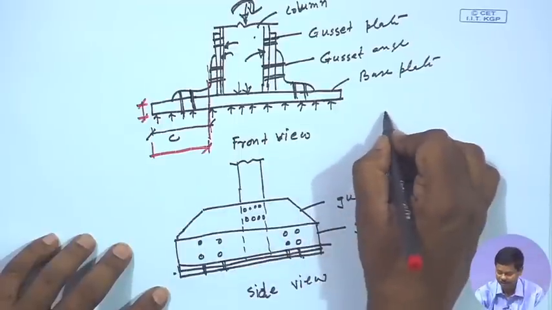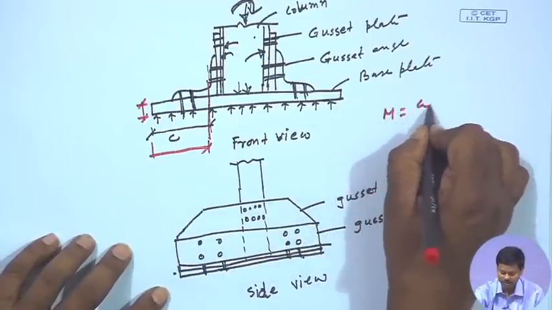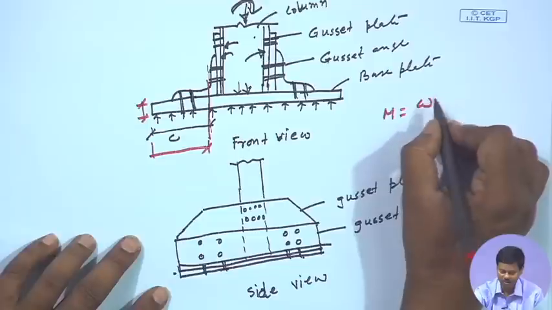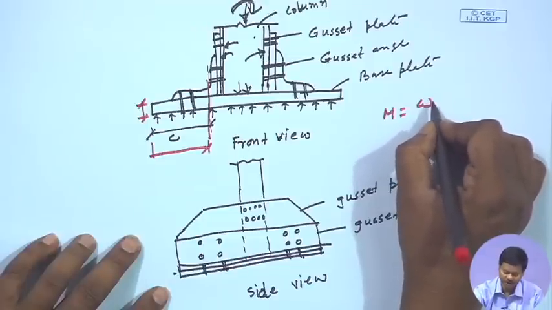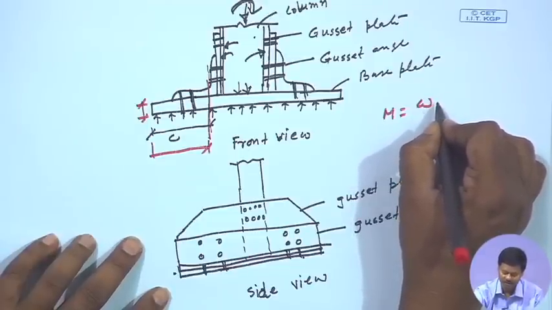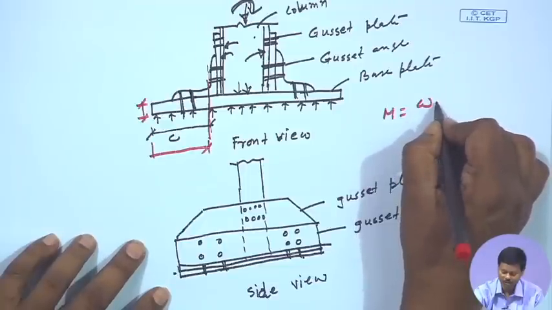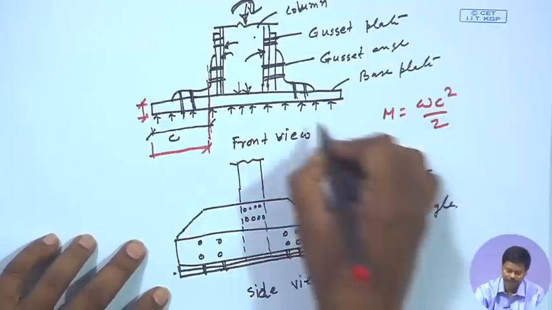So, the maximum moment will be M is equal to, say if W is the pressure coming from the concrete pedestal to the base plate, then W into C square by 2, this is W.